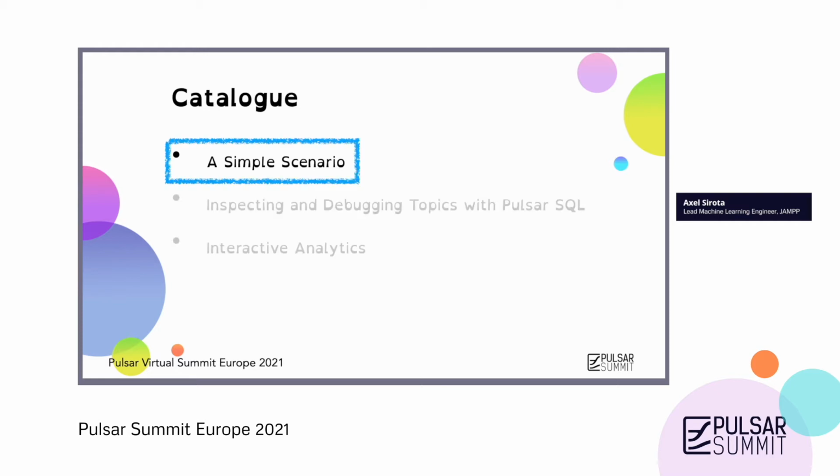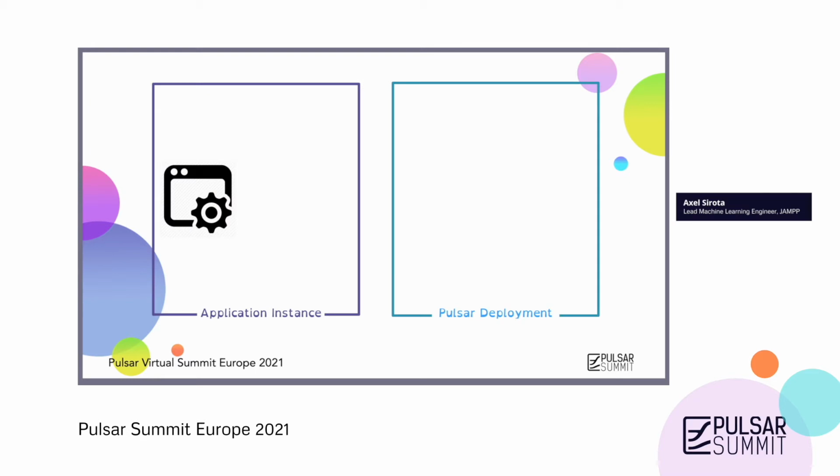First, a simple scenario. So let's imagine you have an application. It's in some instance, somewhere. It can be in Kubernetes, it can be in Azure AKS, it can be in AWS Kubernetes system, it can be anywhere. That application is writing some file. For now, let's assume it's a log.